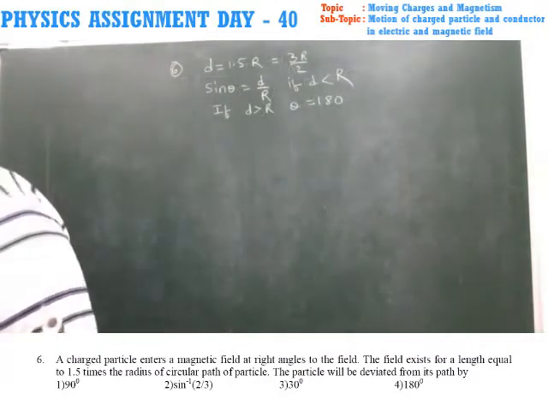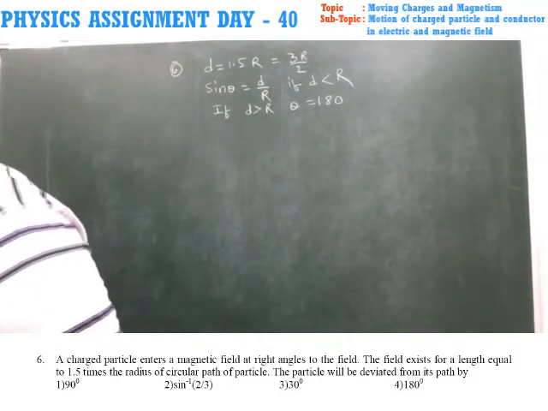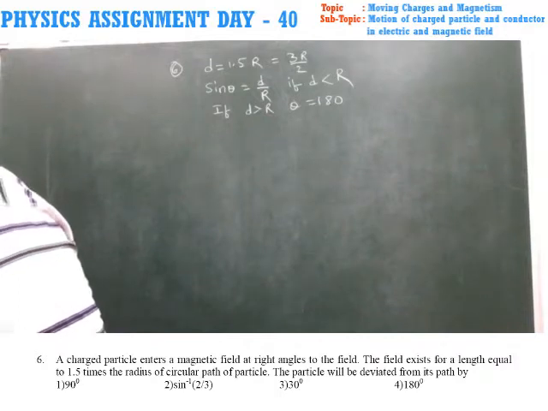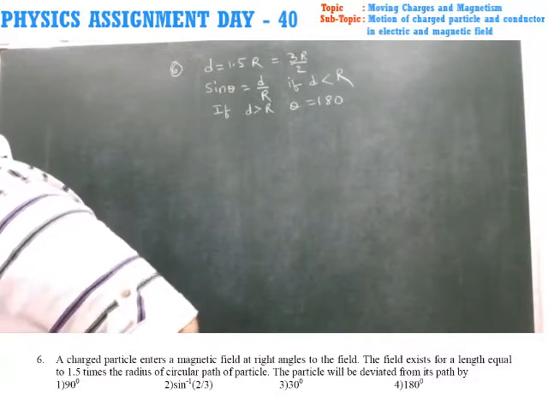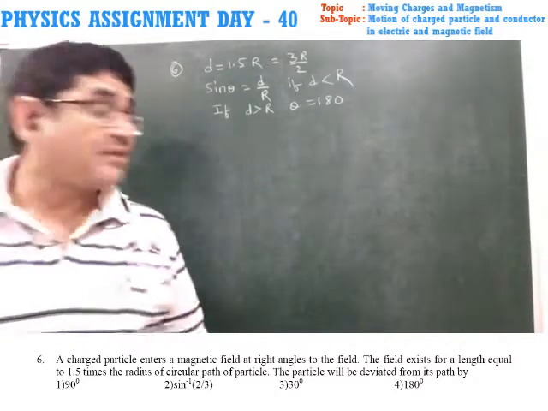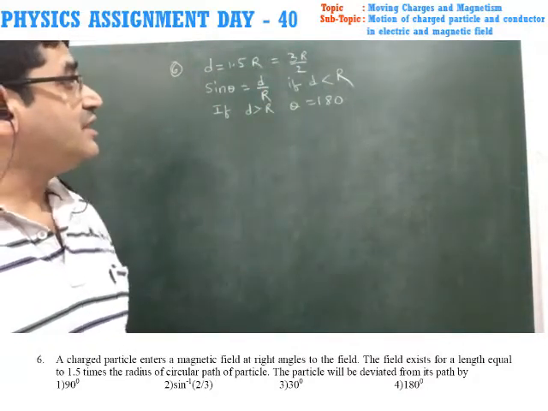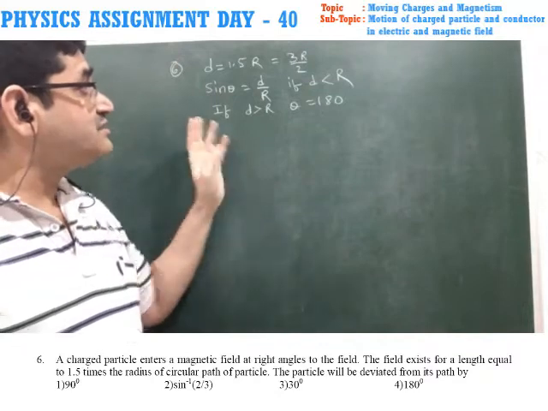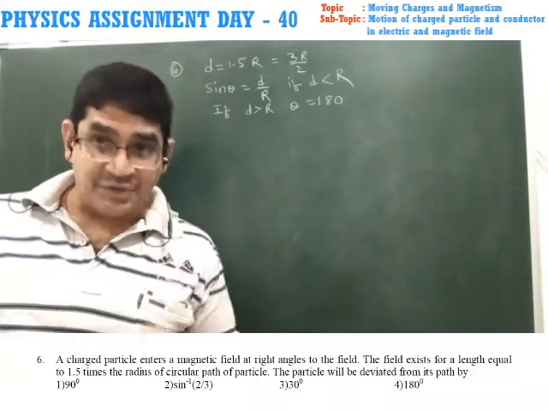So in the sixth question, a charged particle enters a magnetic field at right angles to the field. The field exists for a length equal to 1.5 times the radius of the circular path of the particle. So the particle will be deviated from its path by how much? Actually D equals 1.5 R or 3 by 2 R. If D is less than R, sin theta equals D by R, theta equals sin inverse D by R, you can use.